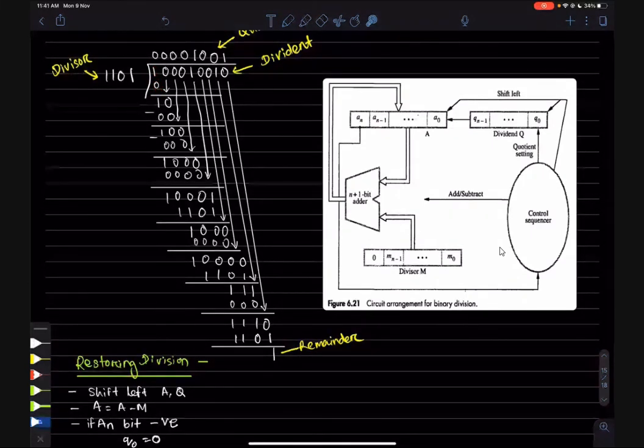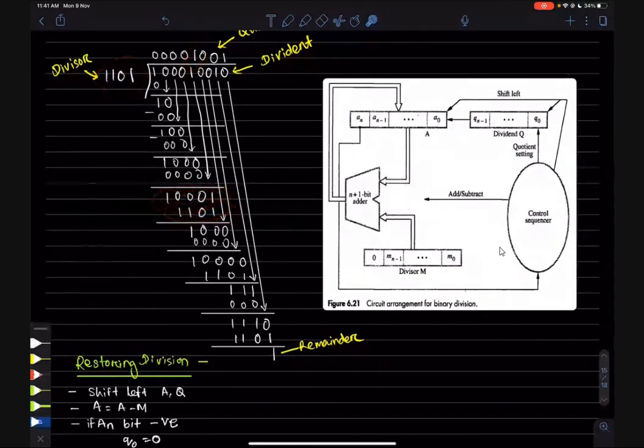So we have to check if the quotient will be 0 or 1. Only when 1101 is less than the result do we write a quotient 1.